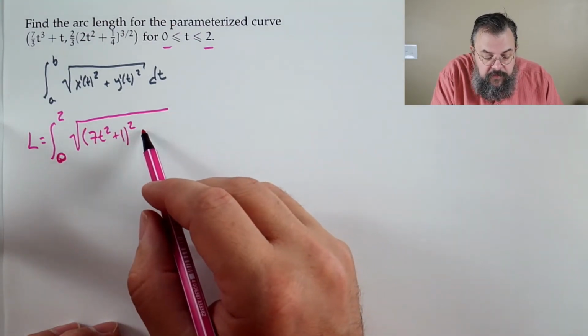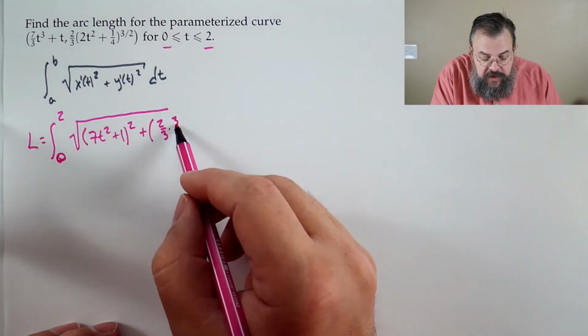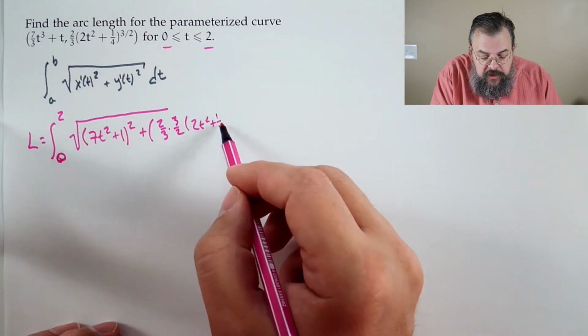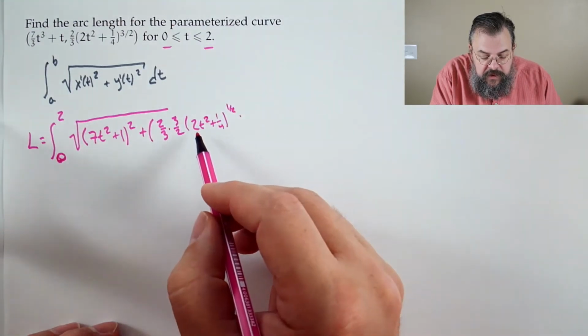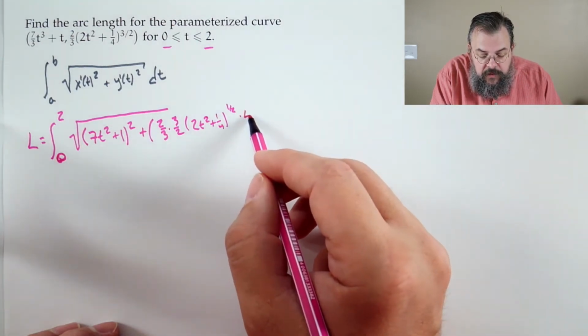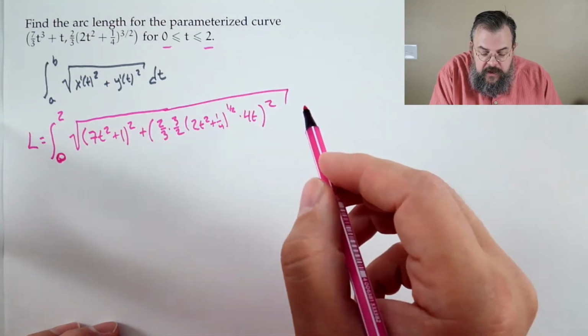Interesting. Now, plus, there's a 2/3. The 3/2 comes down. Then we have (2t squared plus 1/4) to the 1/2 power times the derivative of the inside. Remember the chain rule. So that would be times 4t, and all that's being squared.